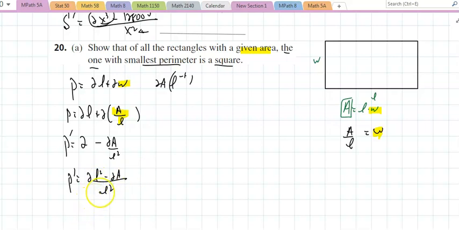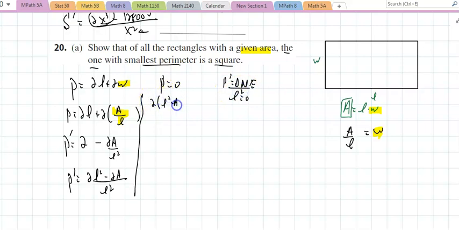And the same as before, we would like to figure out where does P prime equal 0? Where does P prime not exist? It doesn't exist if the length equals 0. Well, that's useless. Or if 2 into L squared minus A equals 0, that's when L squared equals the area and L equals the square root of the area.